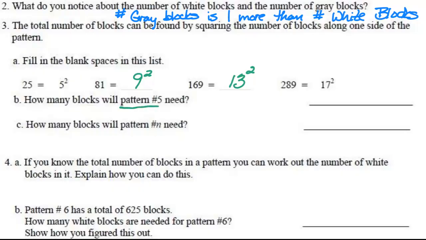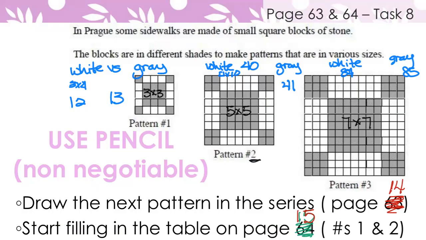Pattern number 5. So now I need to look back at the picture. You guys are lucky you can go back and forth. Pattern number 5. So pattern 1 is what size square? 5 by 5, or a 5 squared, right?